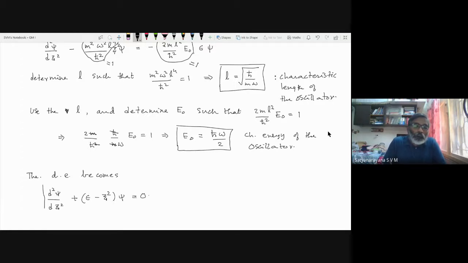So equation number 1 is now recast into the dimensionless variables xi and epsilon. Xi and epsilon are dimensionless.